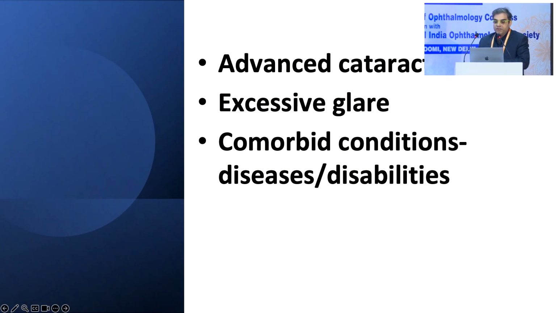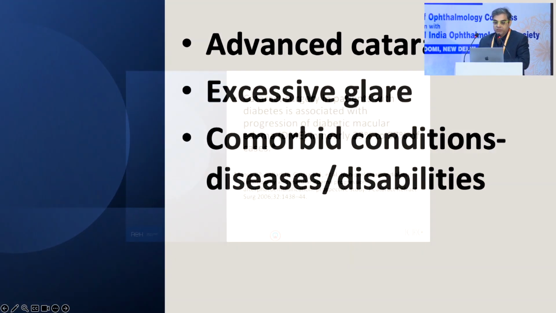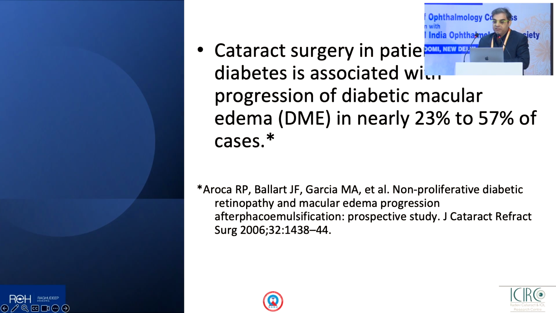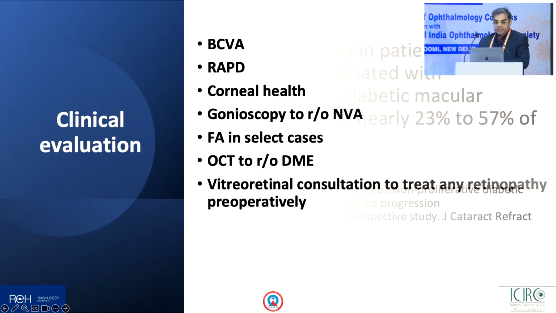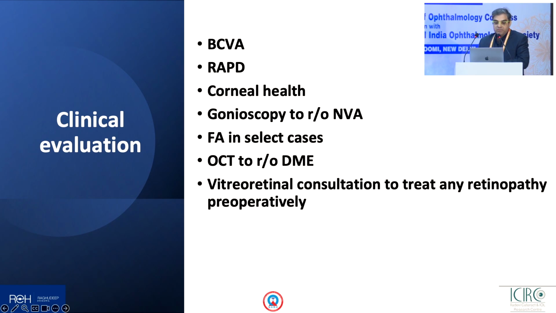So these are some common indications, and we would not go into much theoretical detail. It's already proven that diabetic macular edema worsens in diabetic patients undergoing cataract surgery, and thus managing it efficiently remains our primary goal. This slide is self-explanatory, but the main thing I want to focus on is gonioscopy to rule out neovascularization.